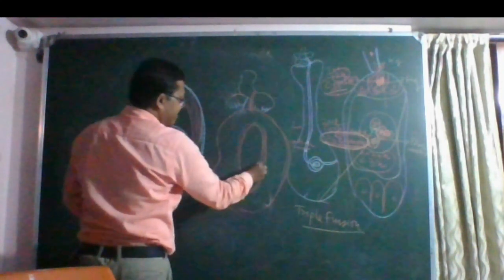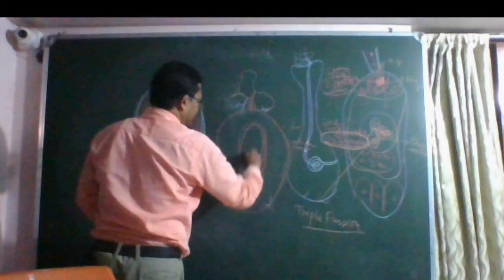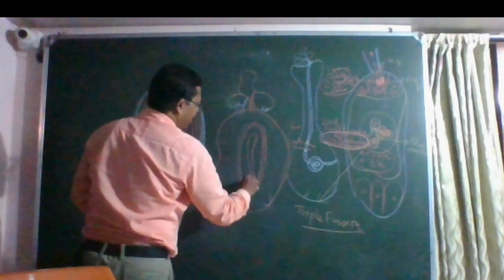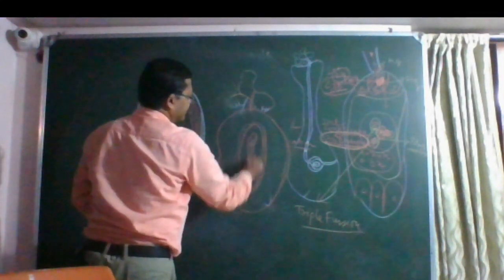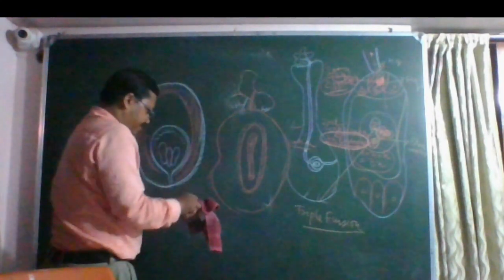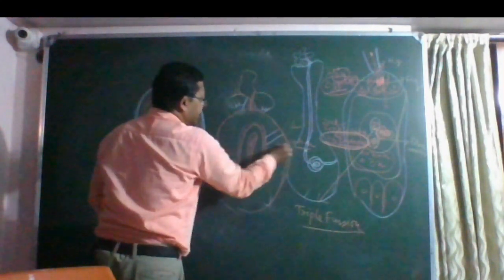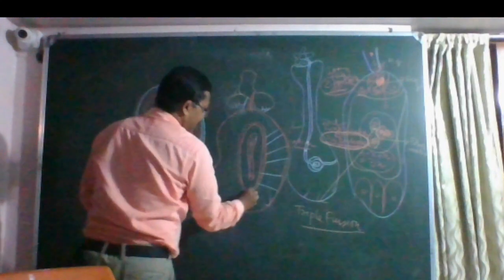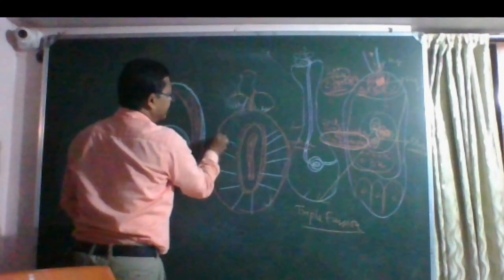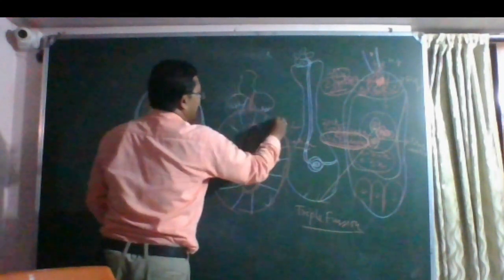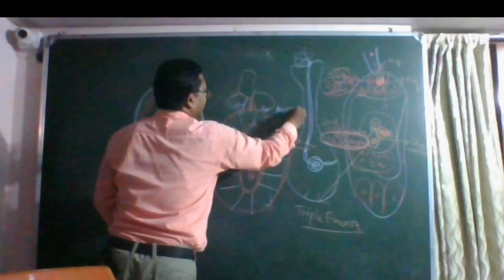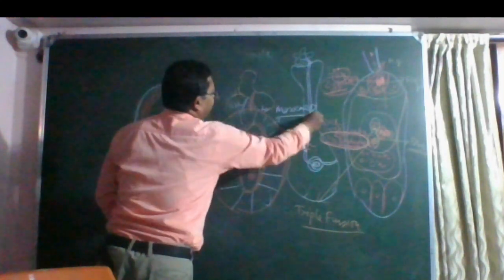Within the seed, the embryo is present. And the rest of the fruit that we eat is fleshy, and this is the mesocarp.